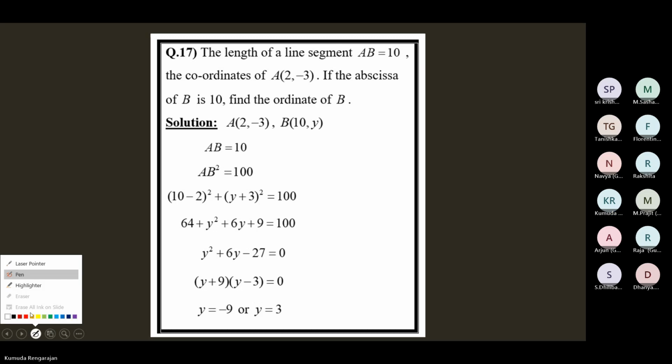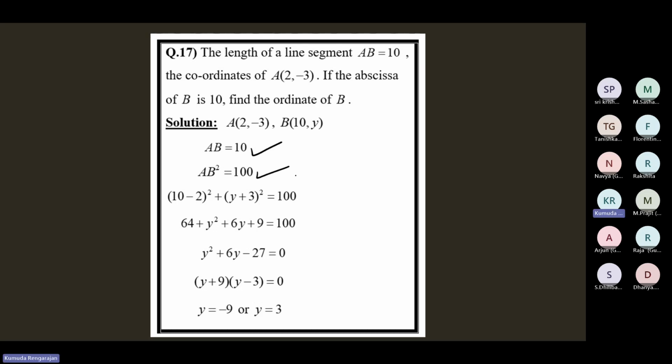AB is given, which means AB square is 100. On solving, y is -9 or y is 3. Right on, children.